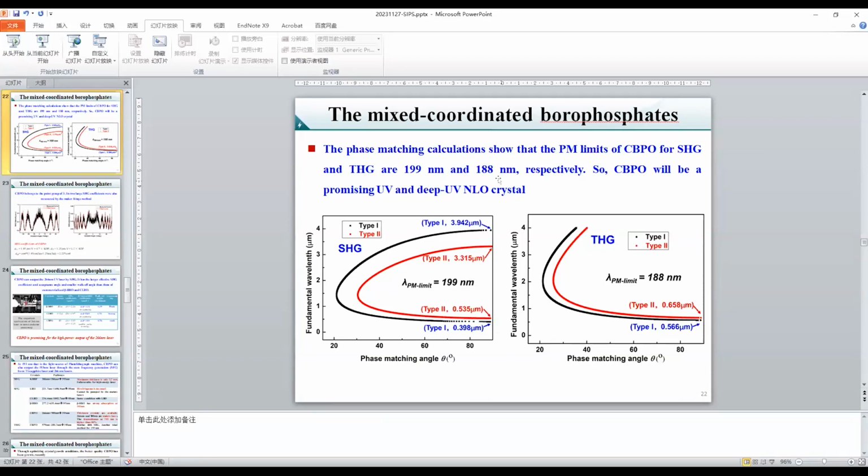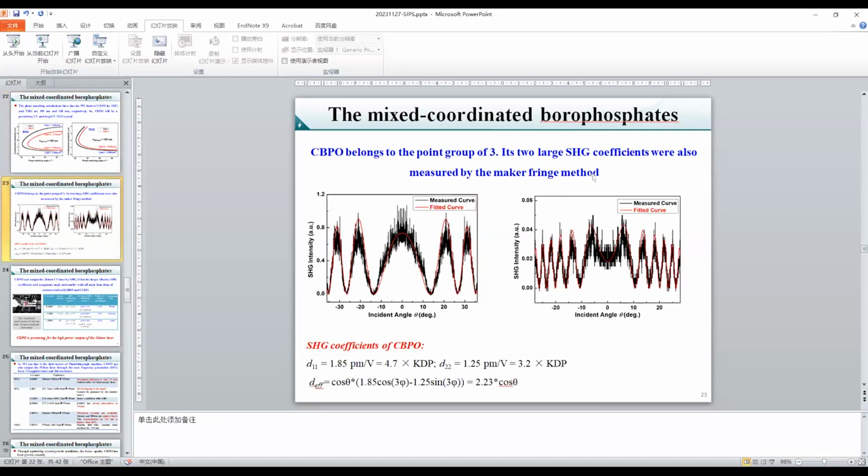The phase matching calculation shows that the phase matching limit for CBPO is 199 and 188 nanometers for SHG and THG respectively. So it means CBPO can achieve UV and deep UV laser output by directly SHG or THG.